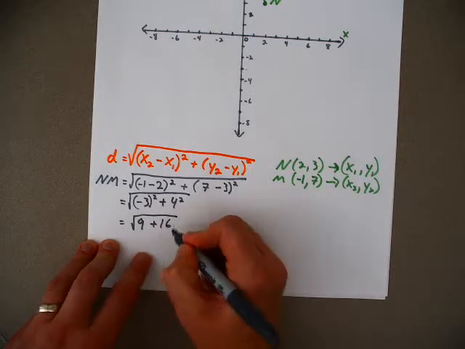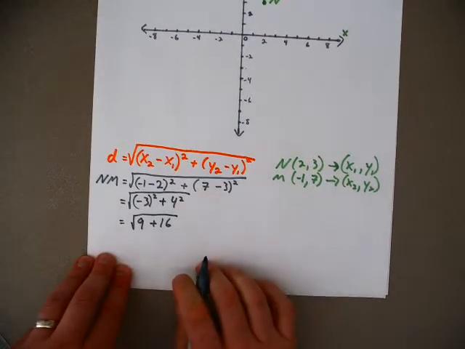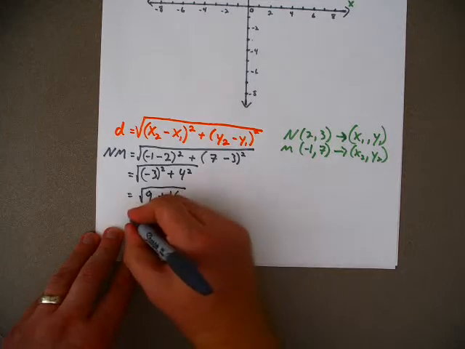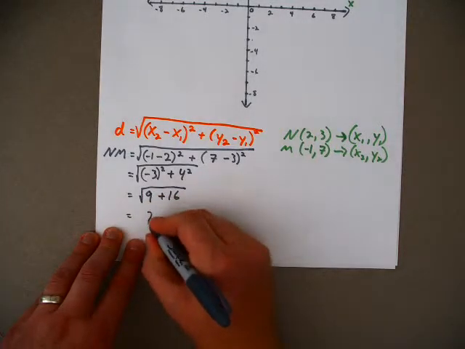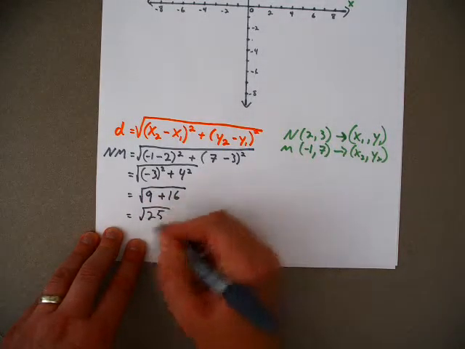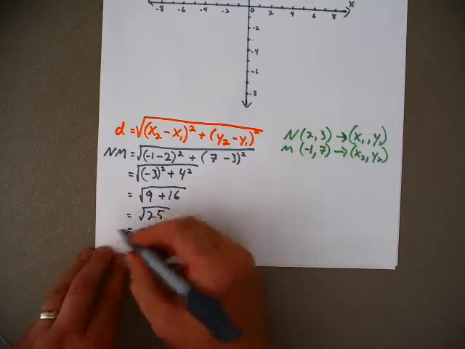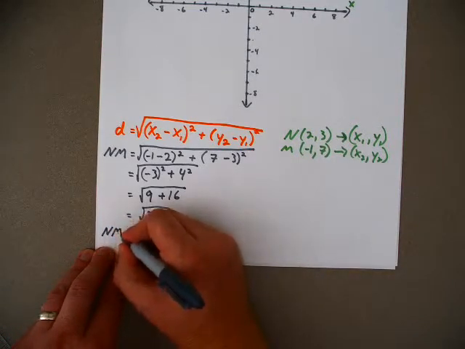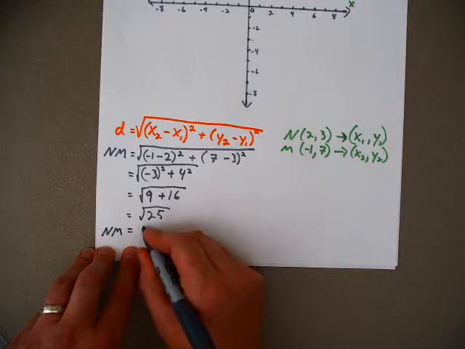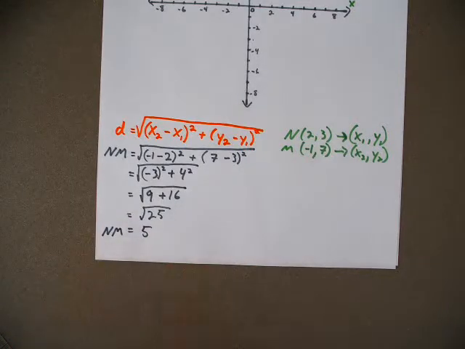I'm going to take the square root of that. And of course, 9 plus 16 is 25, the square root of that. And so now I know that the distance from N to M is 5 units long.